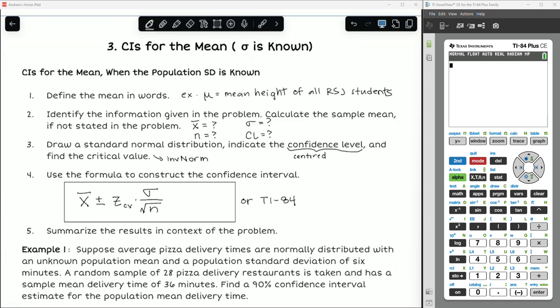So if we were estimating the mean height of all Rancho San Juan students, after I've done my confidence interval, my last step should be to write a sentence that says, we are 95% confident that the mean height of all Rancho San Juan students is between 62 and 65.8 inches tall. We're going to do a couple examples so you can see what this looks like in practice.